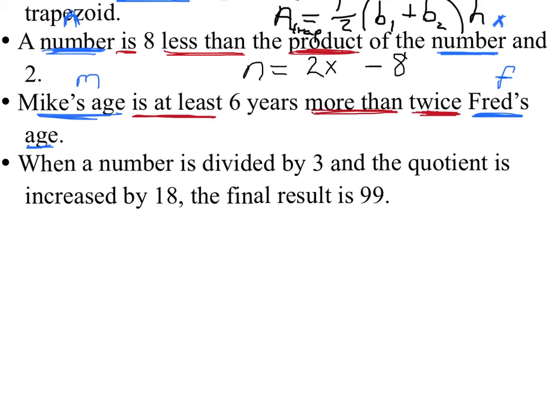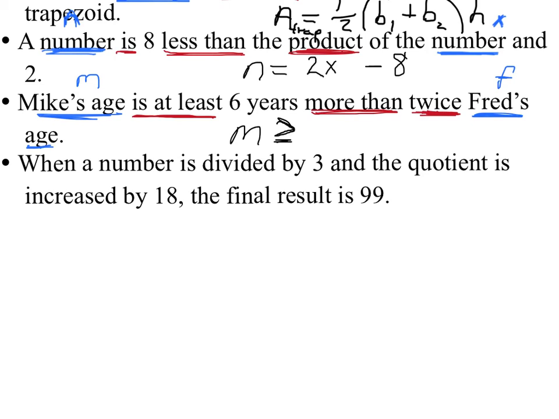So if I write an equation for this, it says Mike's age, which is M, is at least. Now, is at least means the smallest it could be is this other thing. So that means that Mike's age has to be more, or at least equal to, 6 more.